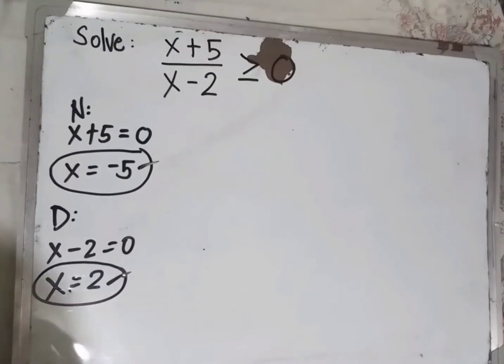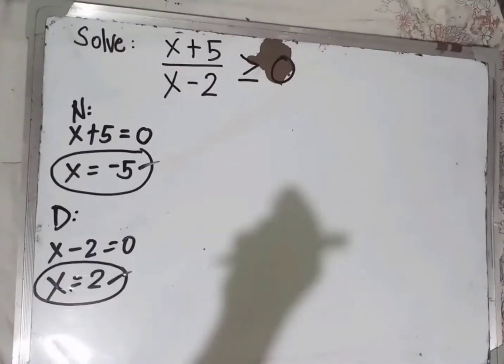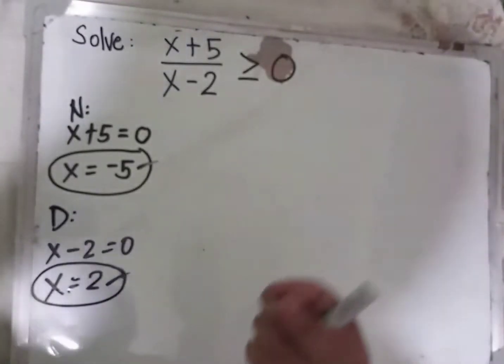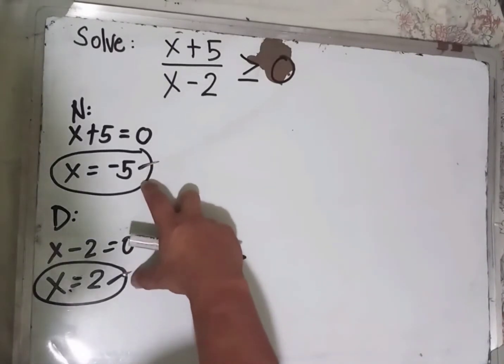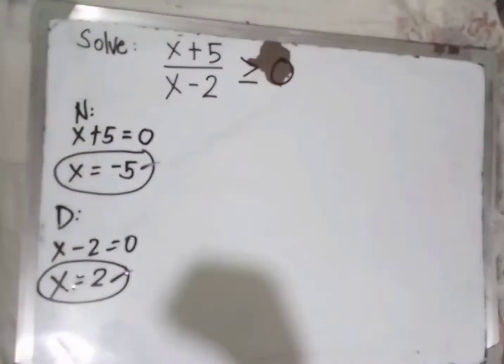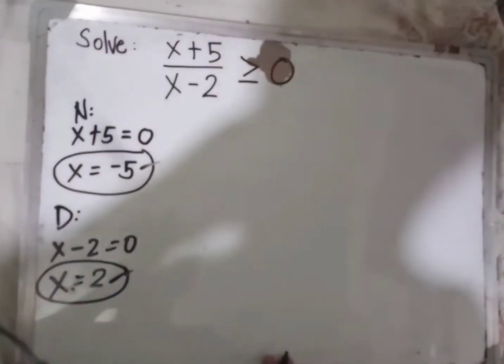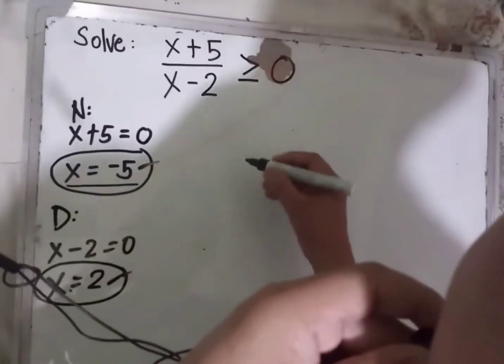Next step, you need to test the meaningful numbers if they make the inequality true or false. So, i-test natin yung meaningful numbers sa given inequality. So, i-substitute natin yung value ng x dito sa given inequality.